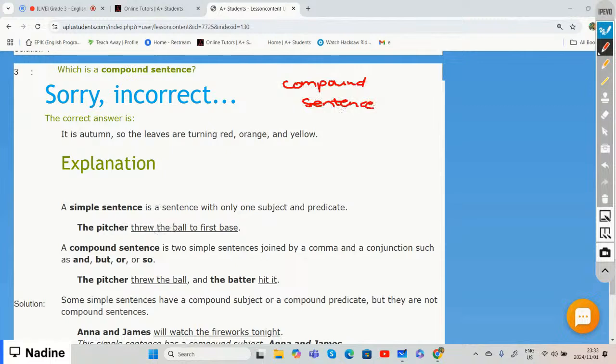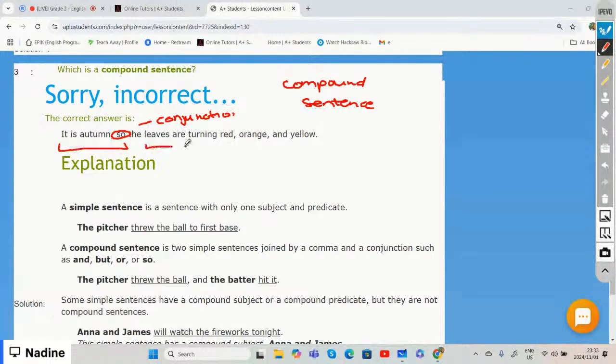We have so, which is our conjunction, and that joins the two simple sentences.